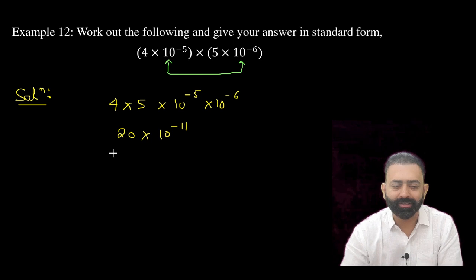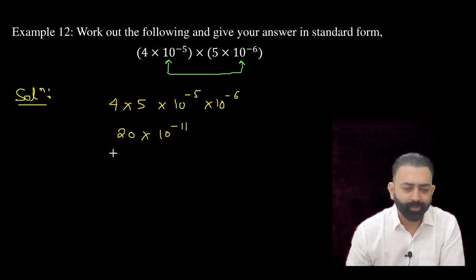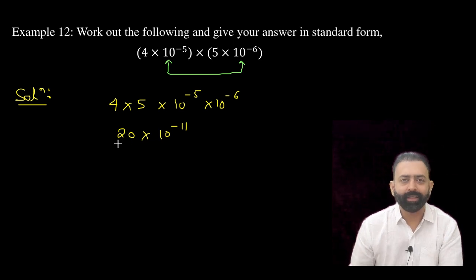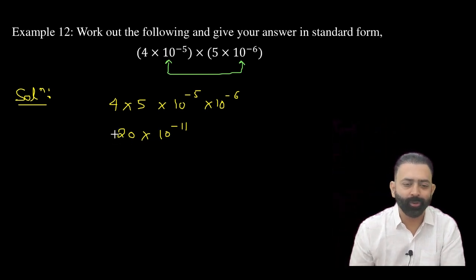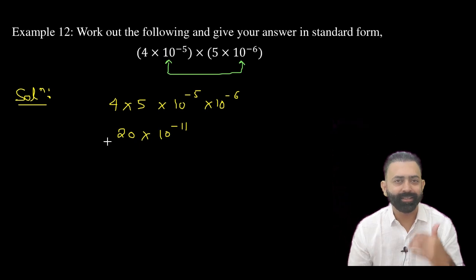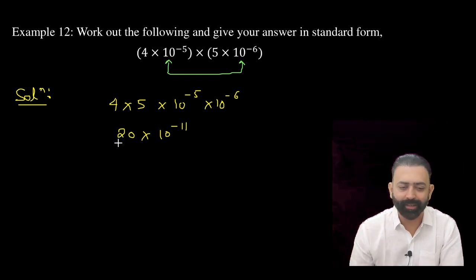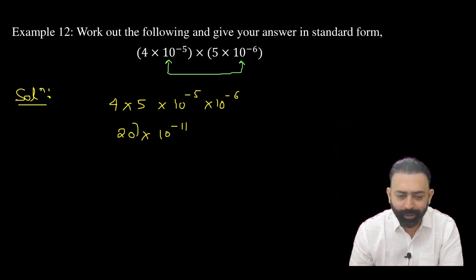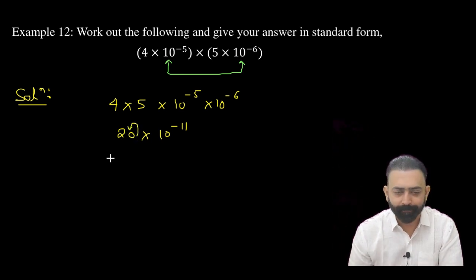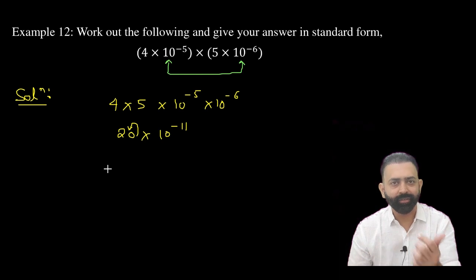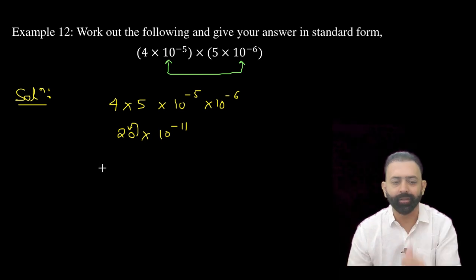This is not again the standard form. It appears to be in a standard form, but here again this 20 is greater than 10, right? I'm emphasizing this again and again, that we need to keep this between 1 and 10. So I need to bring this decimal point towards left one more time, right? And if I move towards left, exponent increases by 1.